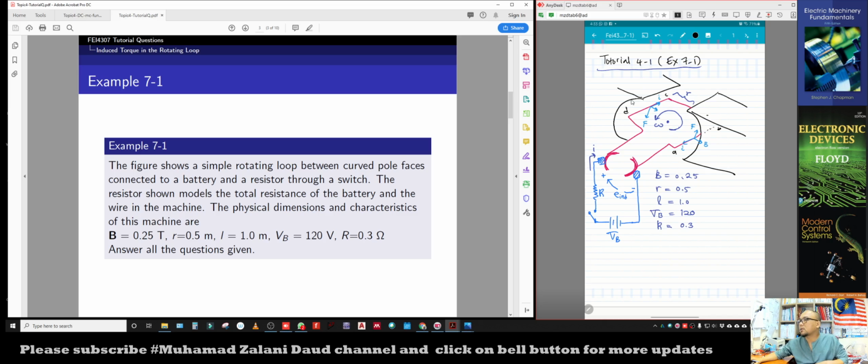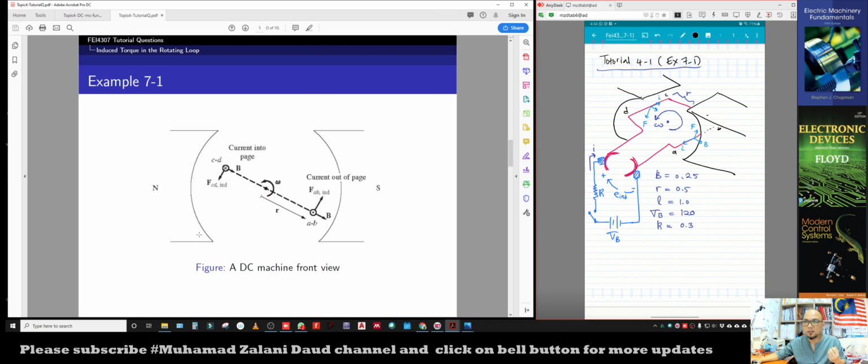For this segment the torque is in the downward direction. For the other segment, the AB segment, the torque is in the upward direction, meaning that this wire loop will rotate in the counterclockwise direction. That is the thing we want to understand from this example.